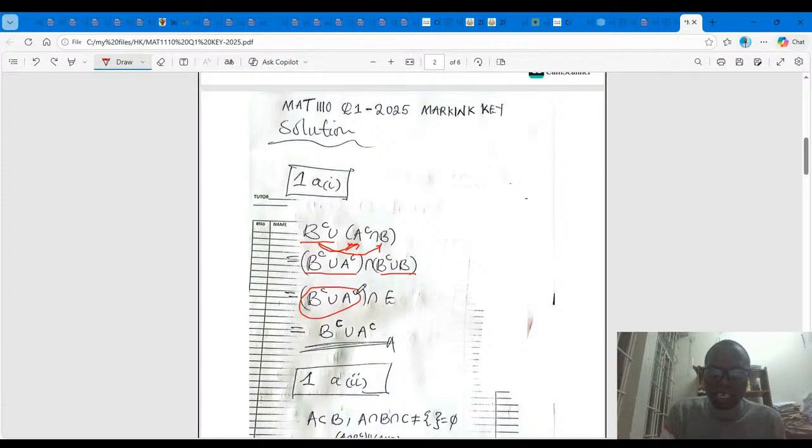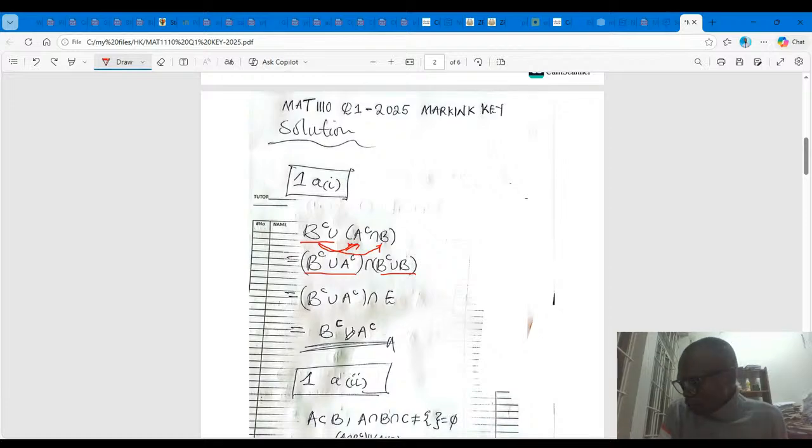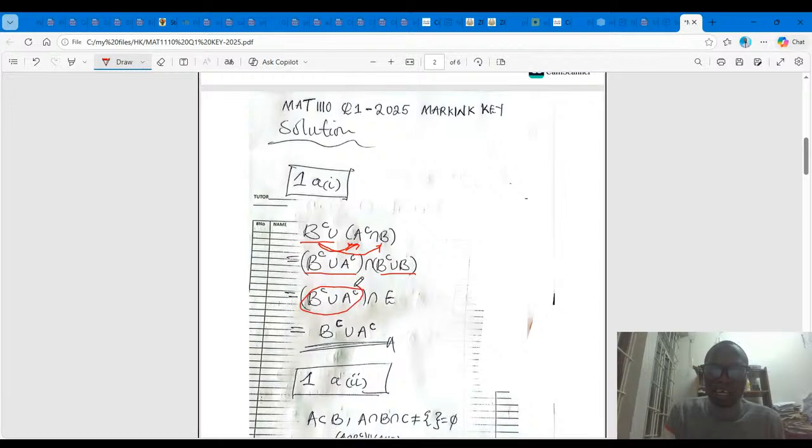Now, when we are intersecting two sets, you get the smallest set if they are intersecting, because for the sets to intersect, one has to be the subset of the other. So you see that this set is actually a subset of the universal set.